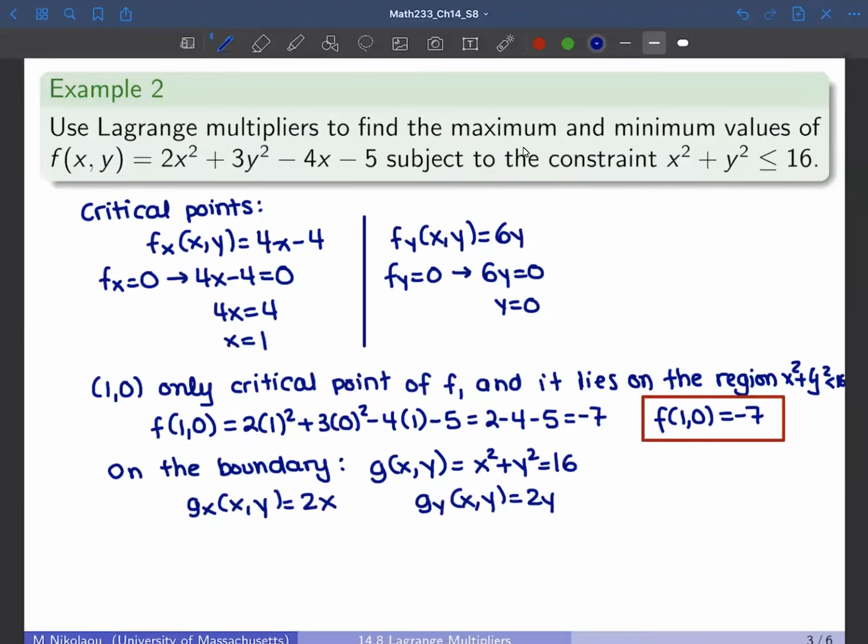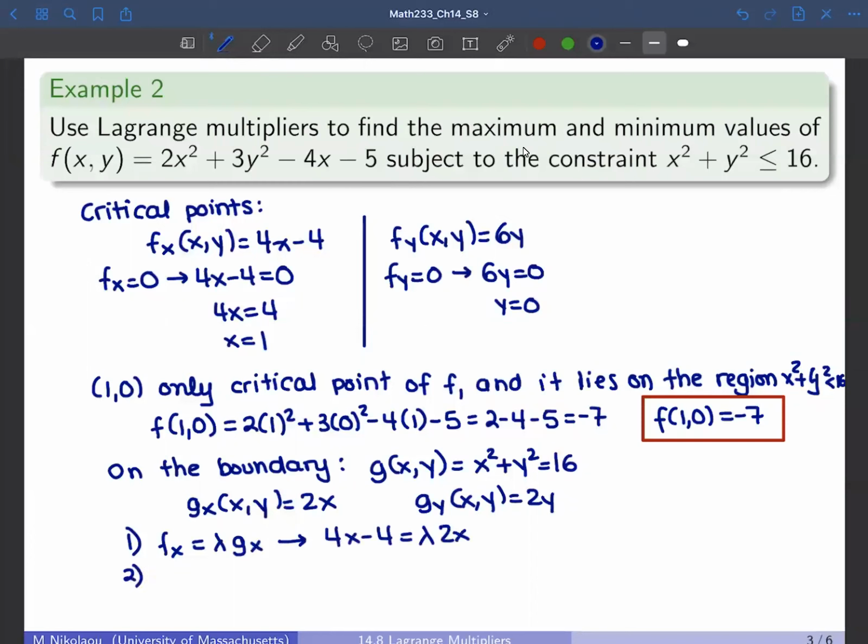Now, we'll try to find the three equations from which we'll evaluate x, y, and lambda. The first is that fx should be equal to lambda times gx, so 4x - 4 is equal to lambda times 2x.